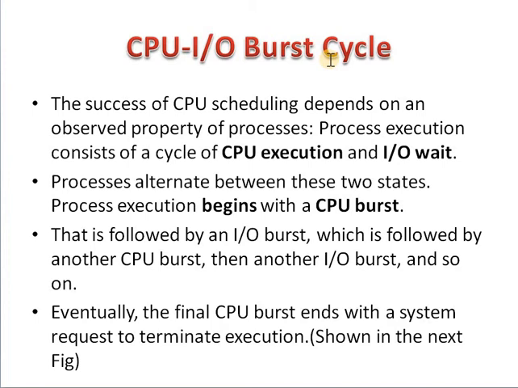But always remember that the process execution always begins with a CPU burst. That state is followed by an I/O burst, which is followed by another CPU burst, then another I/O burst, and so on until the process gets terminated.